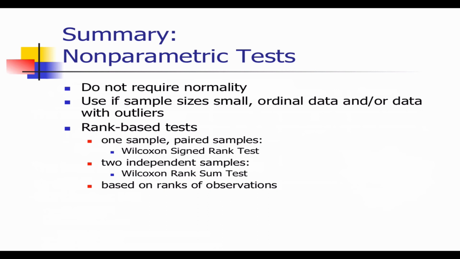So whenever you use a rank-based test, it's comparing the median, or conceptually the central location of the two populations. It is very good for data that doesn't follow a normal distribution, small sample size, or ordinal data.